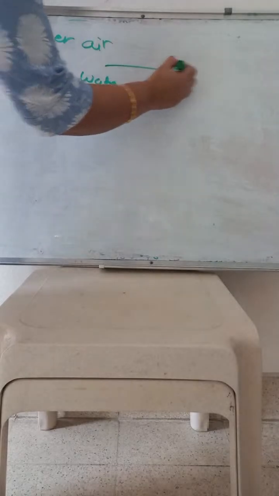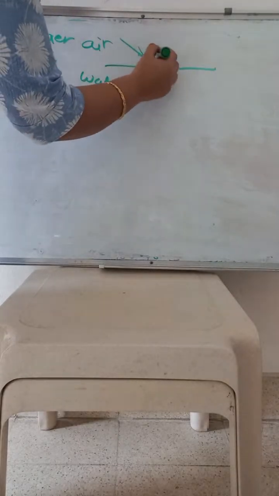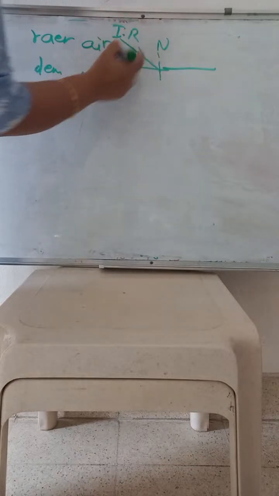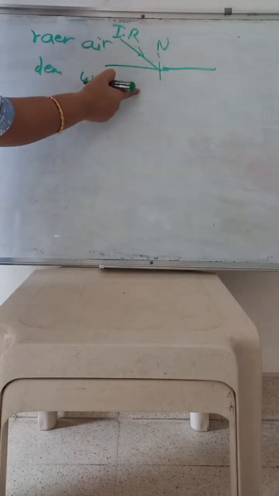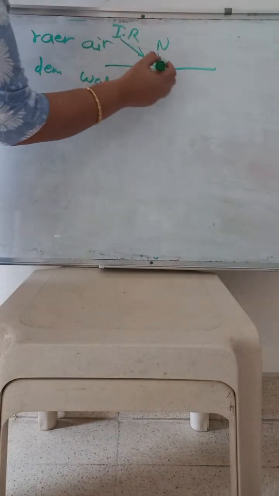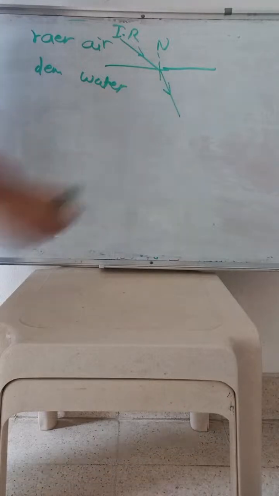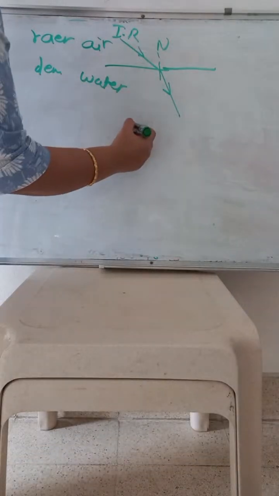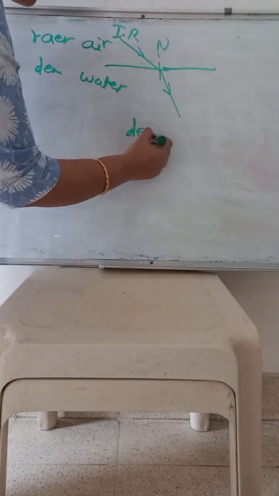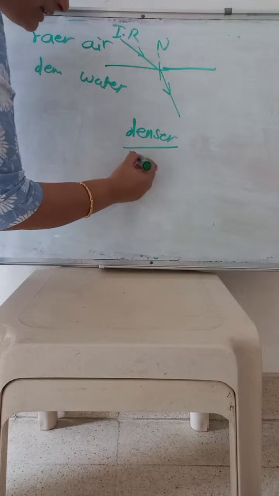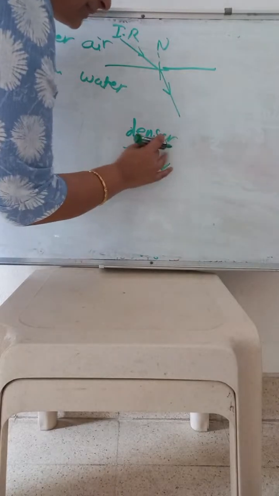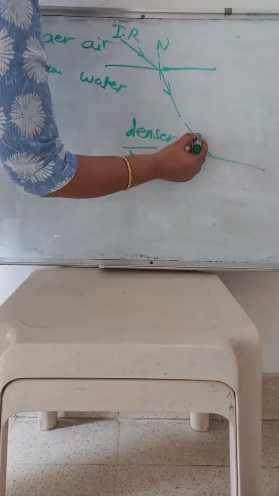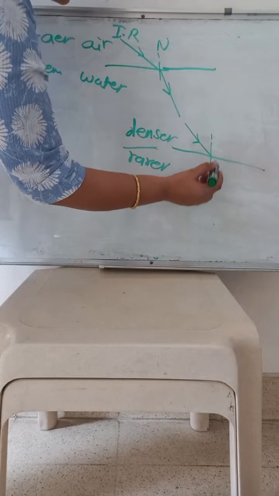Any ray which is traveling from air to the denser medium, this is the normal and this is the incident ray. Whenever it is traveling from rarer to denser, it is always bent towards the normal. Whenever the ray of light is traveling from the denser to the rarer medium, suppose this is a separating surface, the ray of light from the denser medium travels like this and here we have a normal.